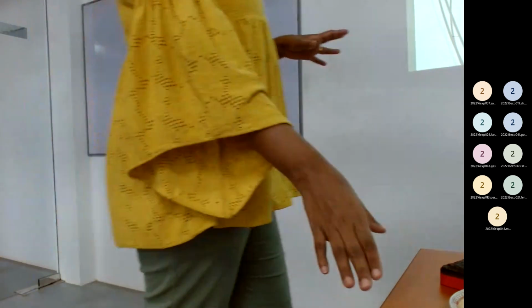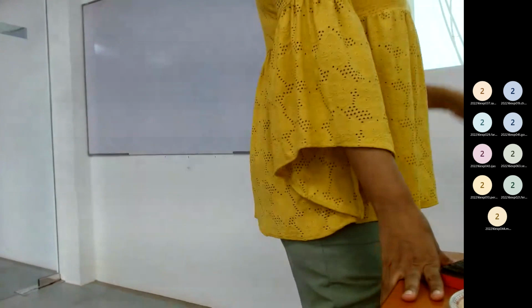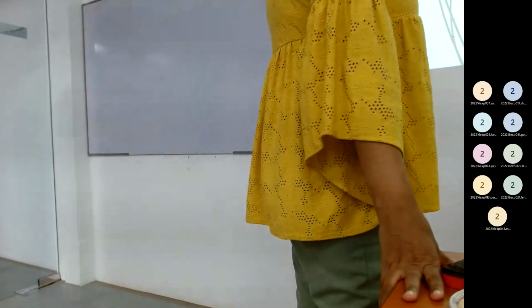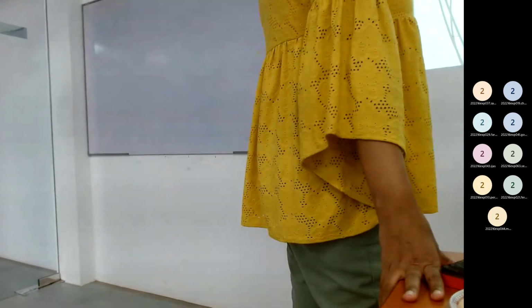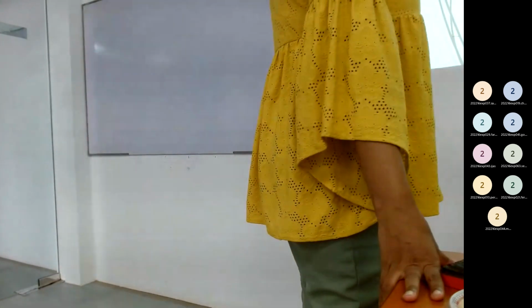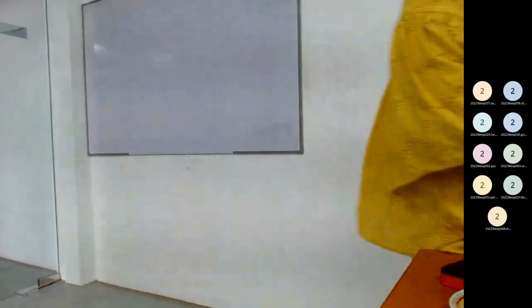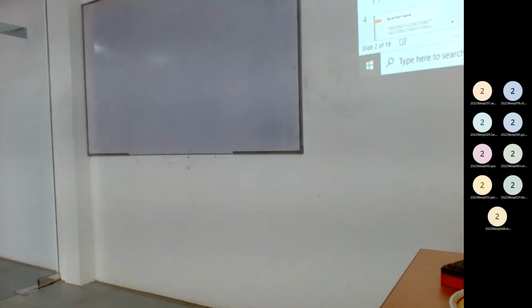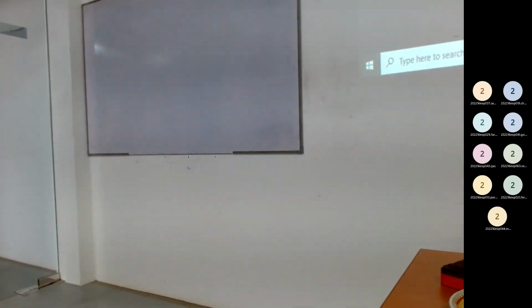So for this lesson, you will learn what are the sources of government revenue, discuss different classifications of government expenditure, discuss consequences of different budgets, and interpret the government spending multiplier and tax multiplier. Let me see whether we have shared the screen.